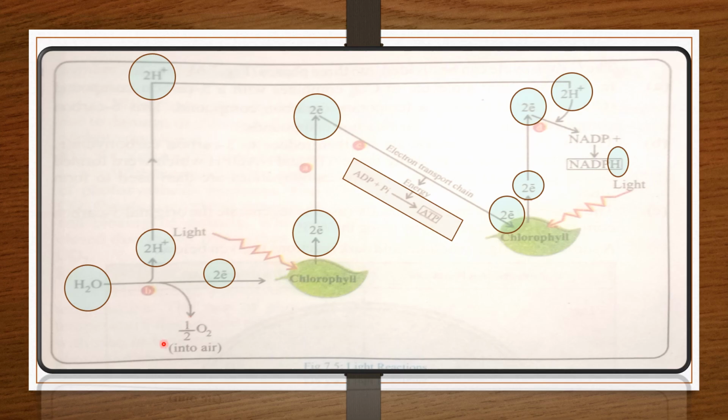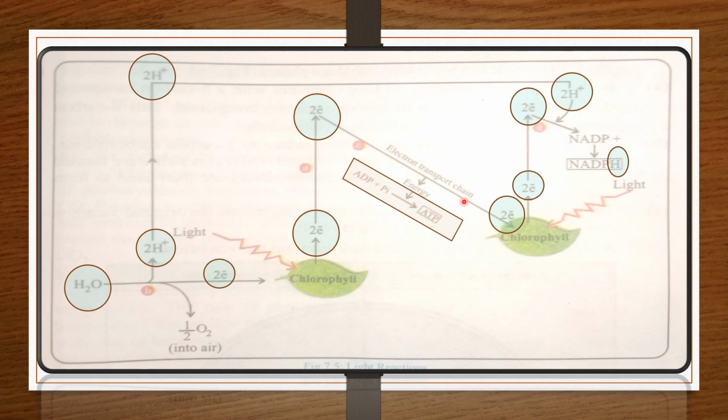Now this oxygen is released into the air. We have just these two to be used in the electron transport chain. These two hydrogens come here and will be joined when the electron reaches there. This electron goes on in this electron chain, through these substances A, C, B, and D. These are compounds with different names and different functions.